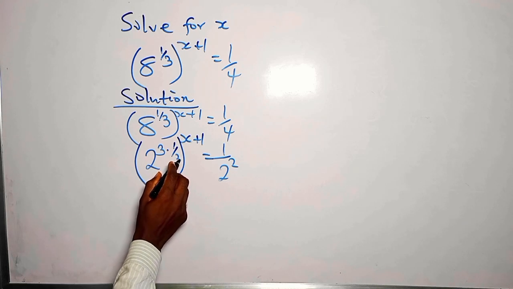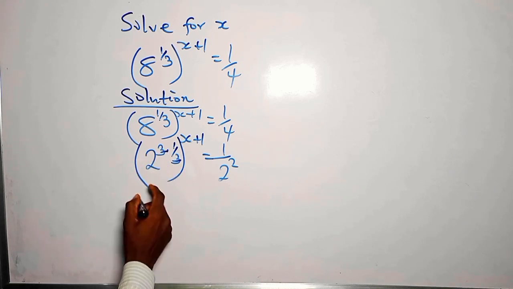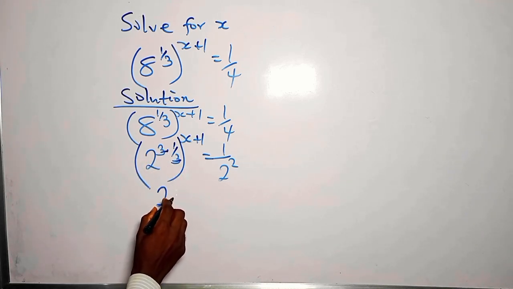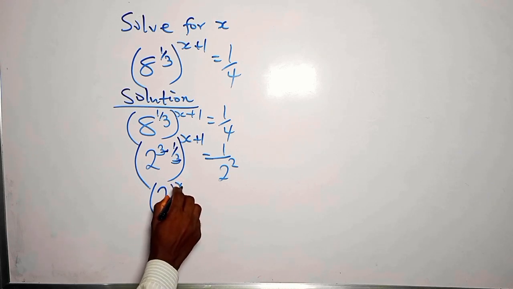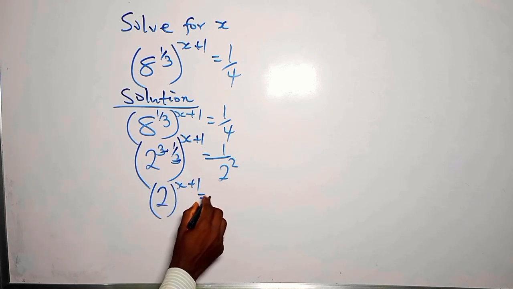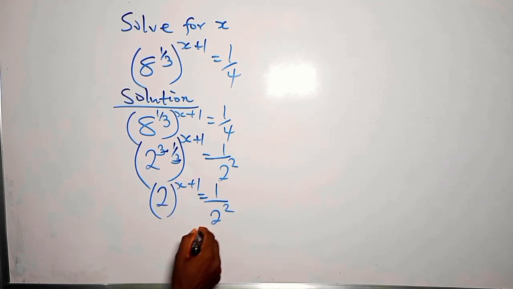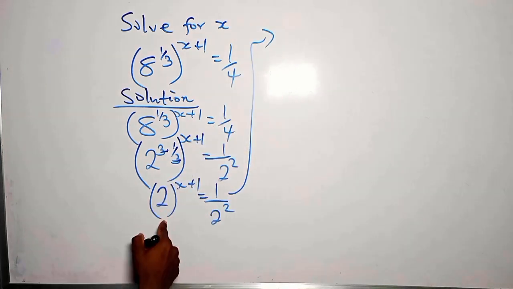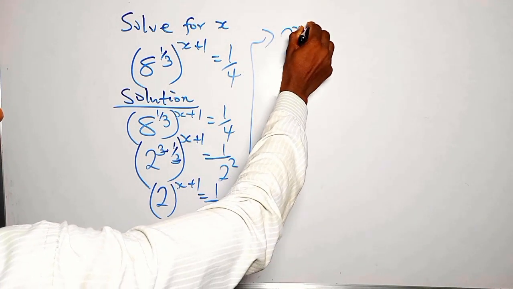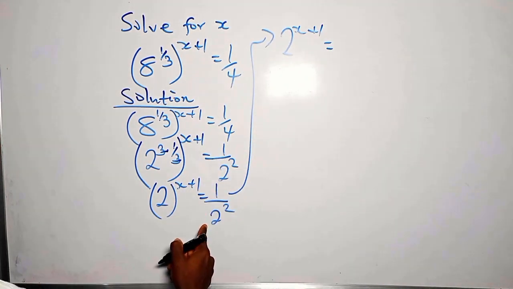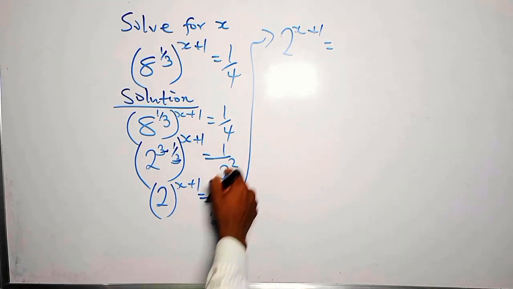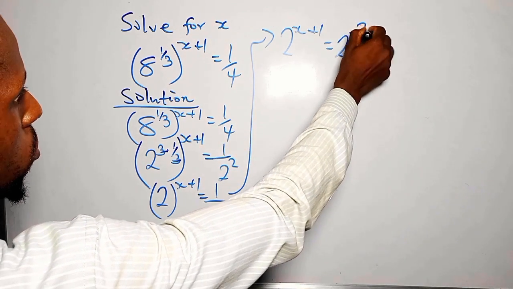So we can easily simplify this. This is out. So we have just 2, raised to power x plus 1, equals 1 divided by 2 raised to power 2. So from here we have 2 raised to power x plus 1 equals, for 1 divided by 2 raised to power 2, we have it as 2 raised to power minus 2.